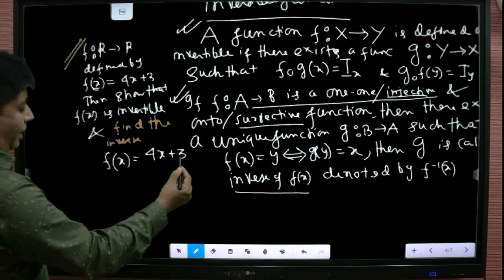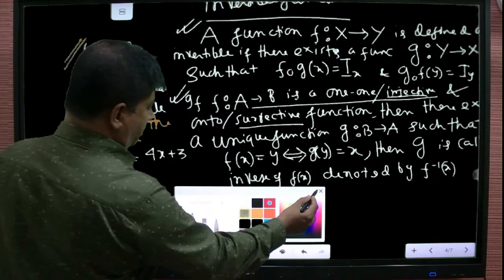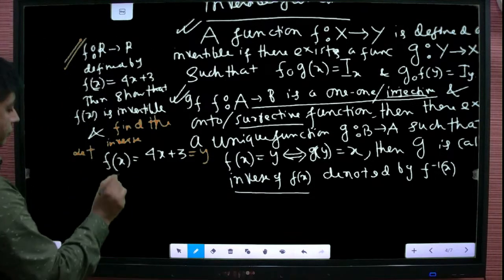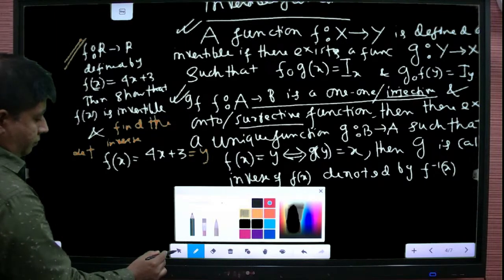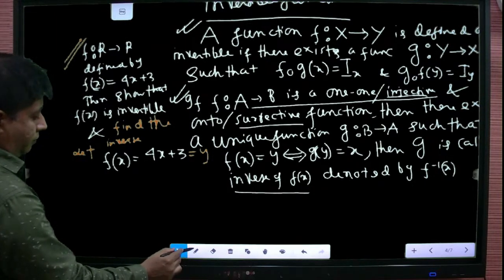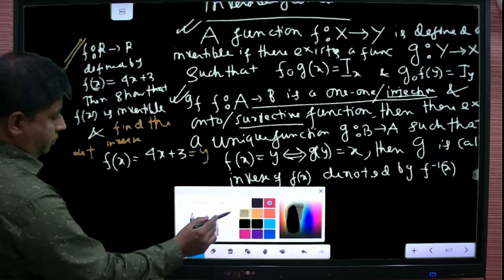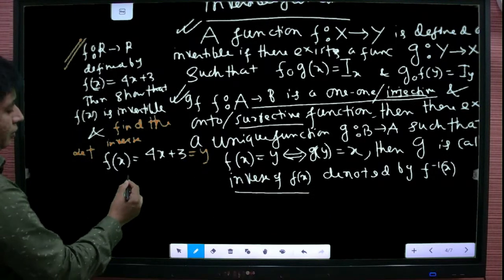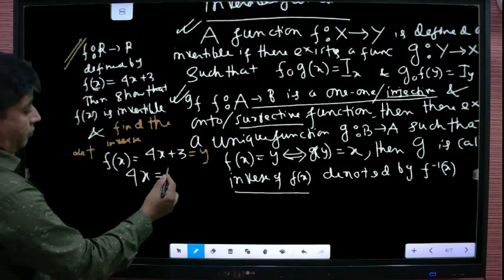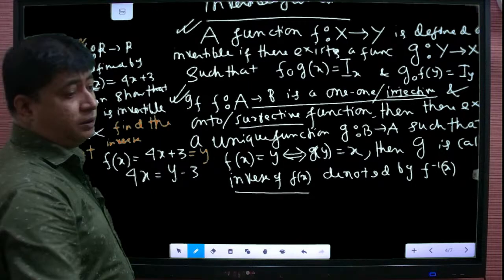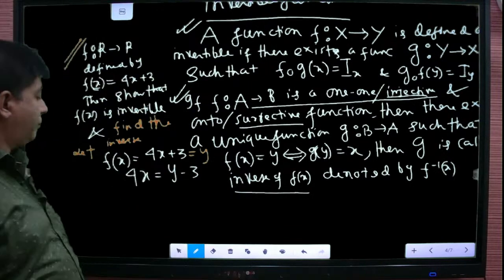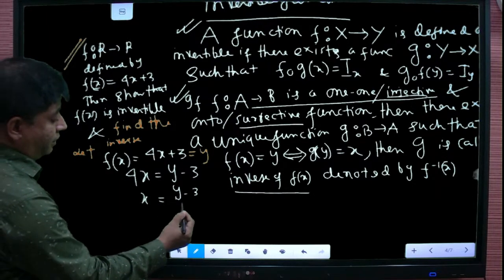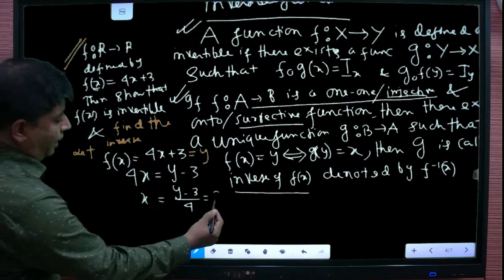So I will let it be y. So 4x plus 3 is equal to y, 4x is equal to y minus 3. Okay. So x is what? y minus 3 by 4, and I will let it be g(y).